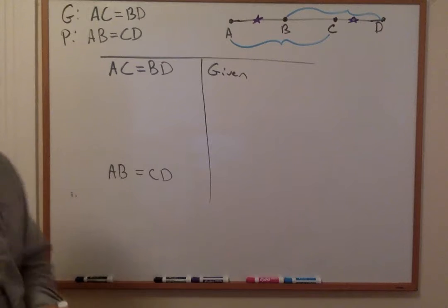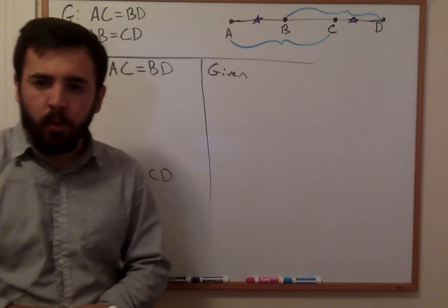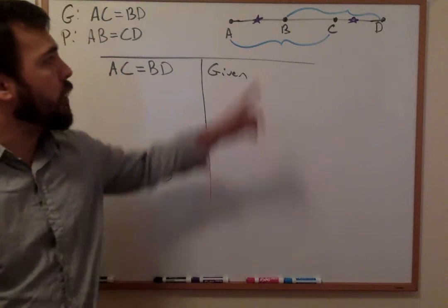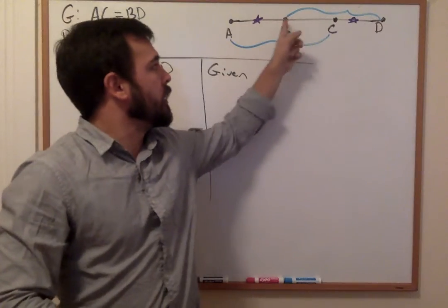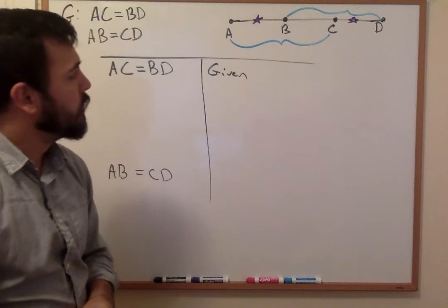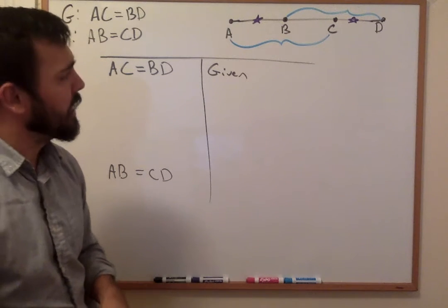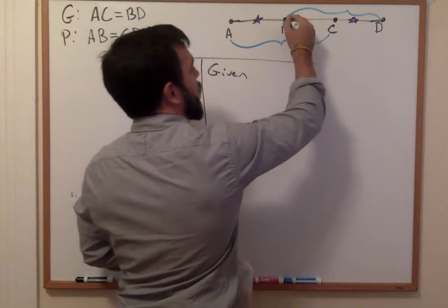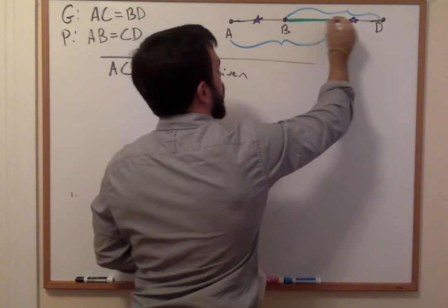So the two segments that we have to prove are equal are parts of larger segments that we already know are equal. I then look at those larger segments and I see, hey, they overlap at segment BC.